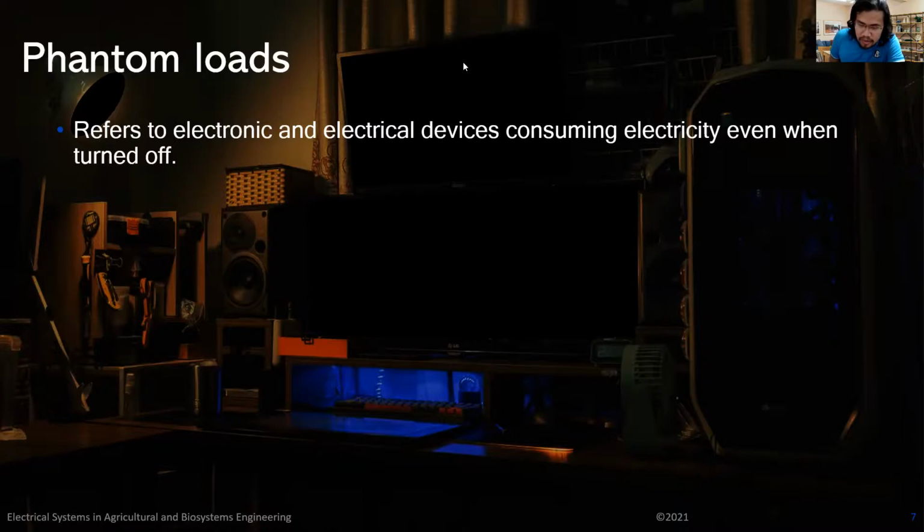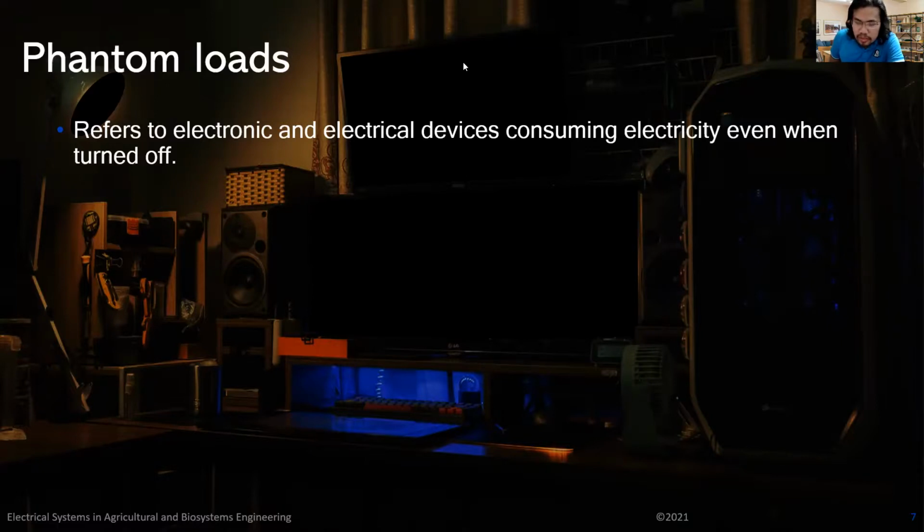For example, if one is not charging a cell phone or other battery-operated device, unplugging the charger from the wall is important.